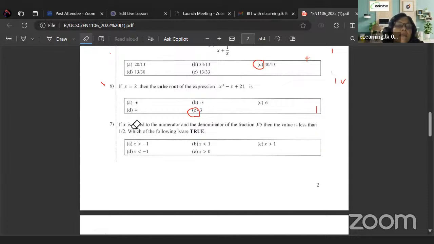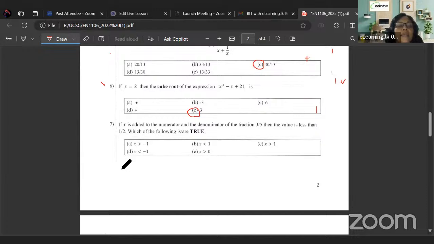When it is said like this, first write it down. What has been done? x is added to the numerator. You should know what is the numerator and what is the denominator. Right? When you write a number as a fraction, the upper part we call the numerator and the lower part we call the denominator.